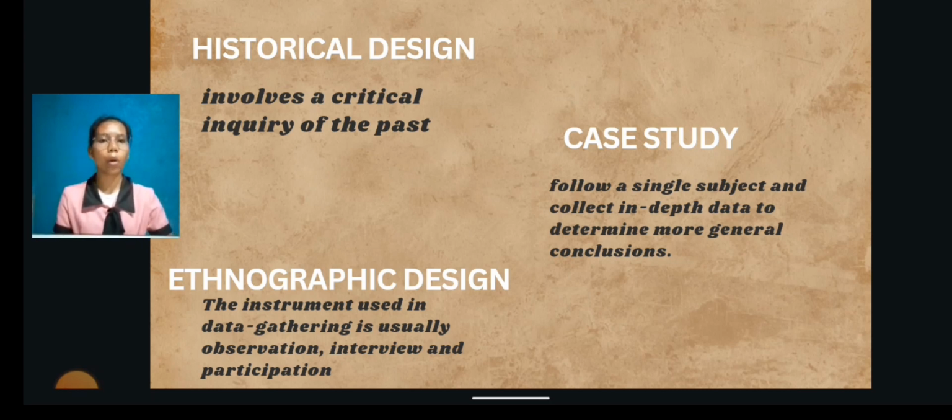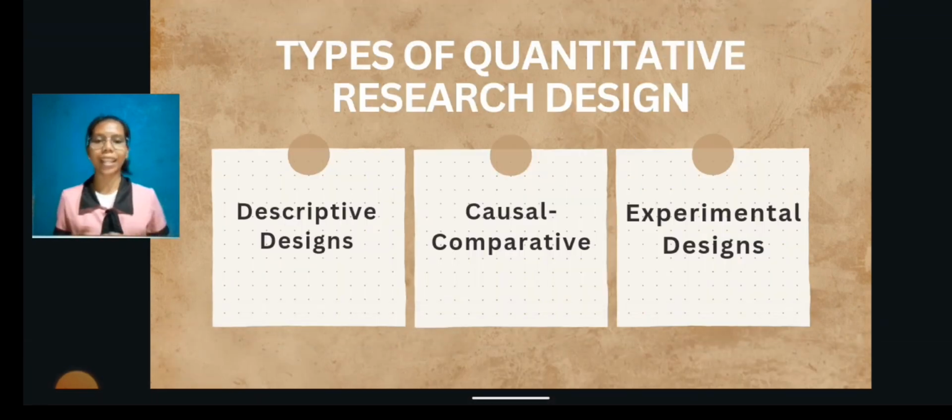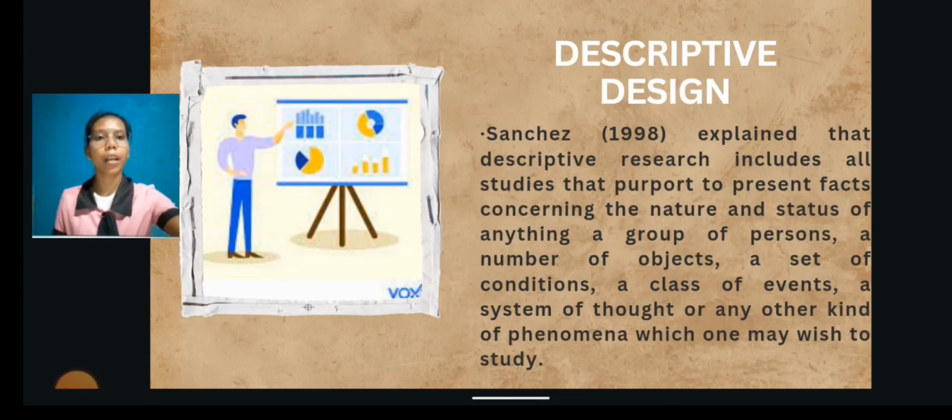Now we will go through the types of quantitative research design. There are three also: descriptive design, causal comparative, and experimental design. Descriptive design.